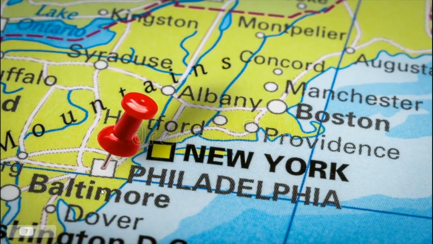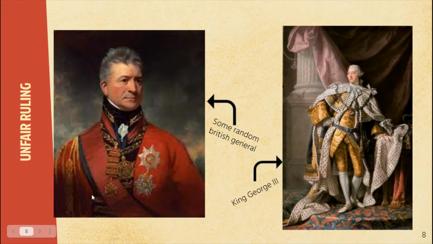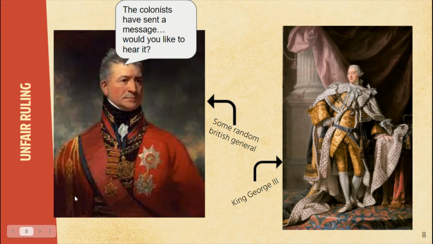The representatives of the colonists met in Philadelphia in 1774, and they appealed to their British ruler, King George III, to withdraw all the unjust and oppressive acts. However, this is what happened. The general comes in with the message of the colonists trying to tell the king what the message is.